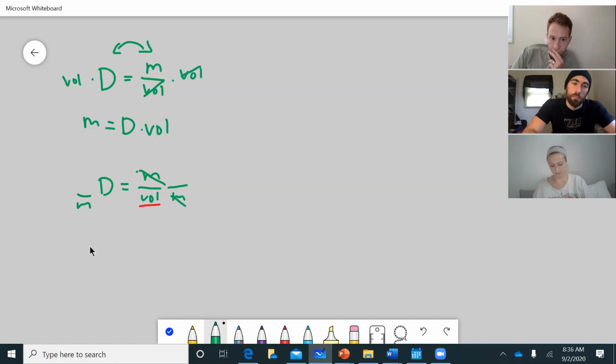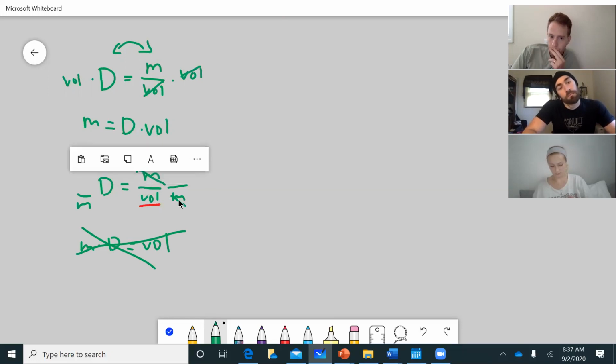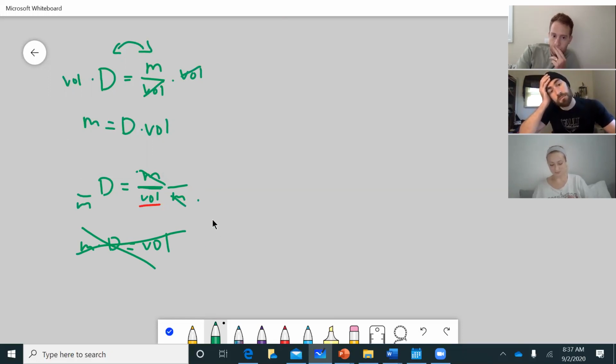My masses cancel, and now I have mass times density equals volume. That is not correct. Why is that not correct? Well, you can divide by mass on both sides, but what is volume doing? Volume here is still under the fraction bar. So the correct way to write this would be, oh, sorry, I was dividing anyway. So this was incorrect in multiple ways. Let's erase this.